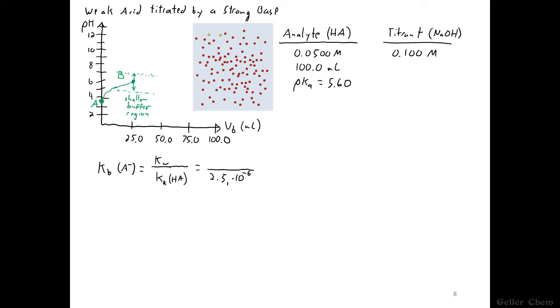And then up top we'll just put the Kw, 1.0 times 10 to the minus 14. And so that would give us our Kb. And on the right side of our K expression is what we've seen numerous times at this point, x squared over concentration 0.0333 little 3 minus x.